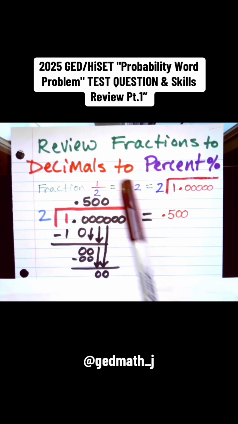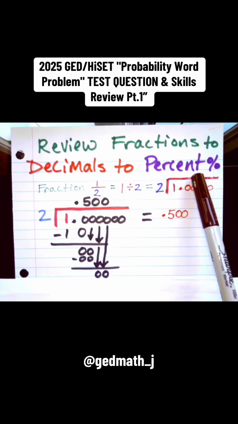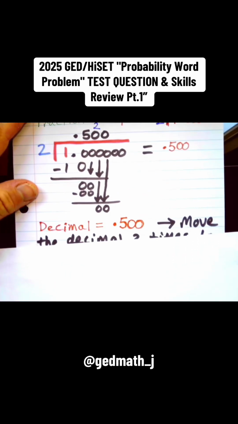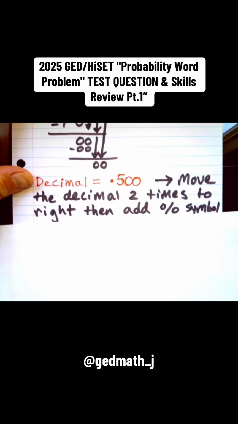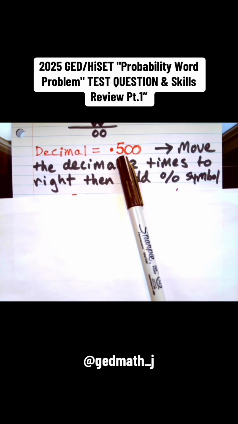Now I want to convert this decimal, 0.50, into a percent. So let's take a look at what that's going to look like. In order to convert this decimal into a percent, you want to move the decimal 2 times to the right. Then just simply add your percent symbol and you've converted a fraction to a decimal to a percent.